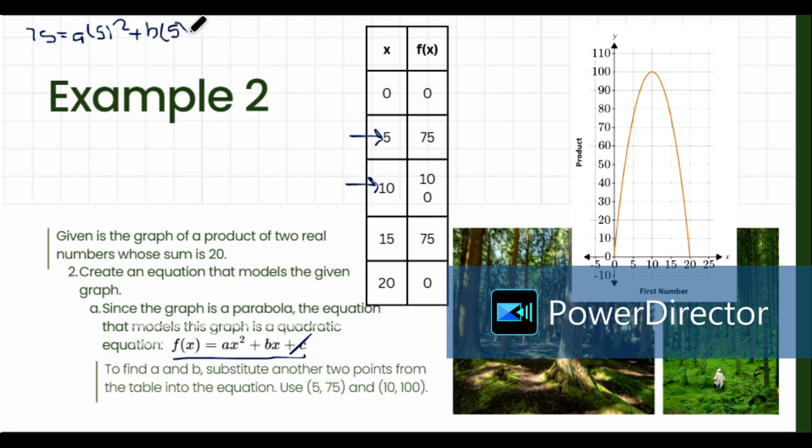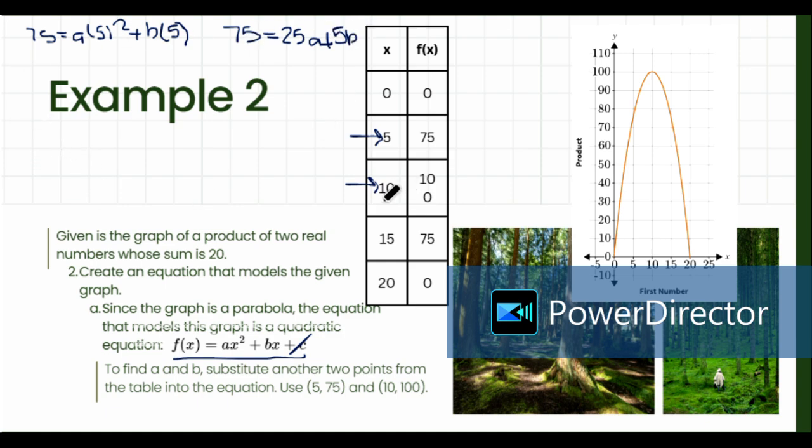I'm using this set of coordinate points right here. Now let's simplify this. So 75 is equal to 25a, because 5 squared is 25, times a, plus 5b.